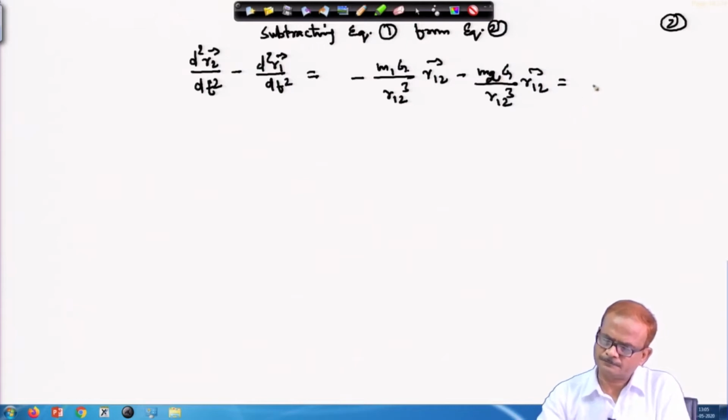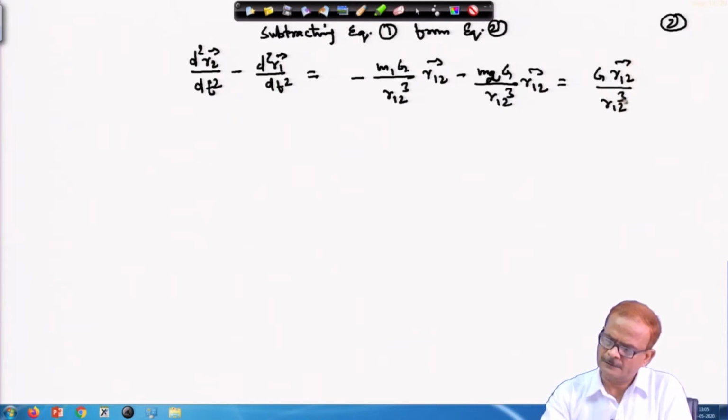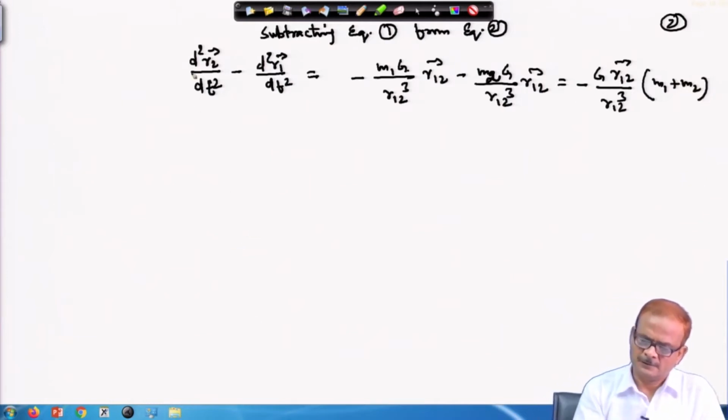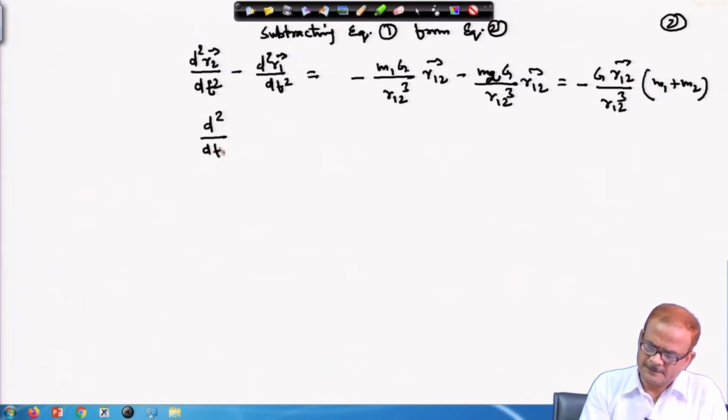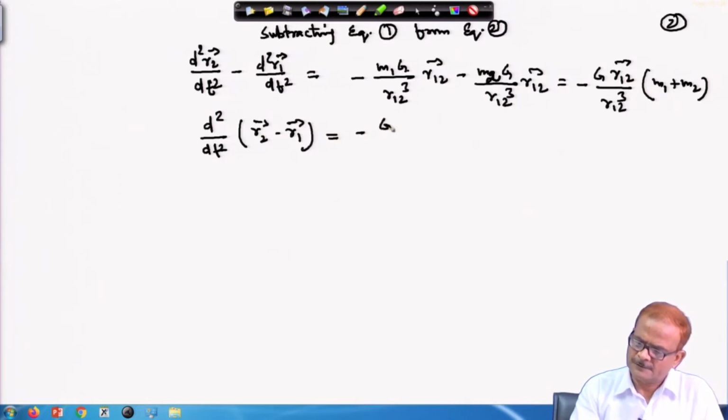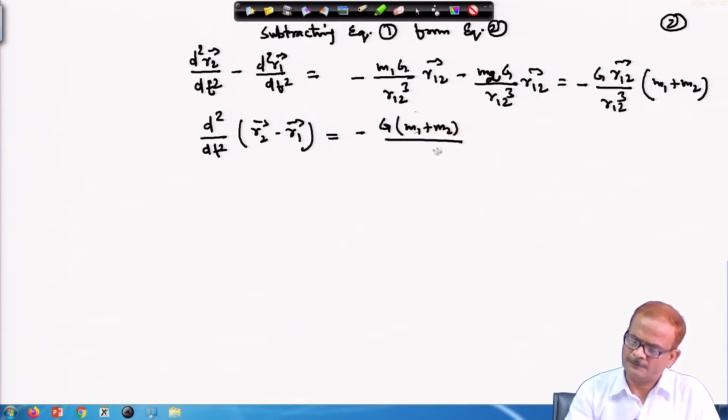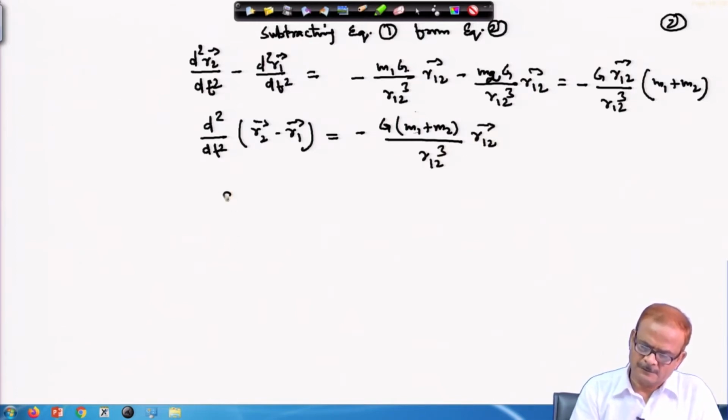This is m2. So G r12 divided by r12 whole cube goes as common, and we get here m1 plus m2 with a minus sign. And the left hand side we can write as d squared by dt squared of r2 minus r1, minus G (m1 plus m2) divided by r12 whole cube times r12, and r2 minus r1 is nothing but r12.